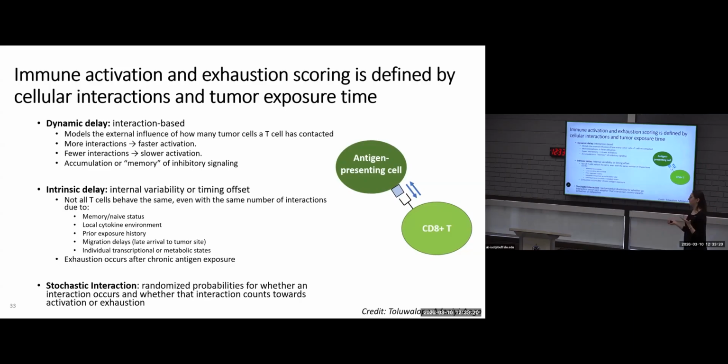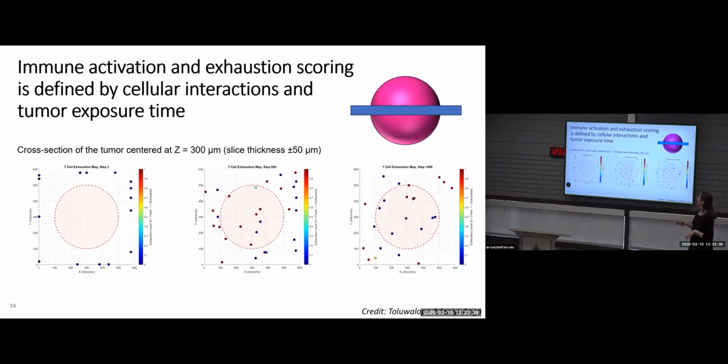Maybe it's more or less resistant to some of these exhausting effects versus others. Maybe that particular cell just has a really low surface concentration of something like PD-1 or CTLA-4, so it's not as receptive to some of these exhausting signals, for example. So there's a lot of randomness that could be going on on a cell-to-cell basis.